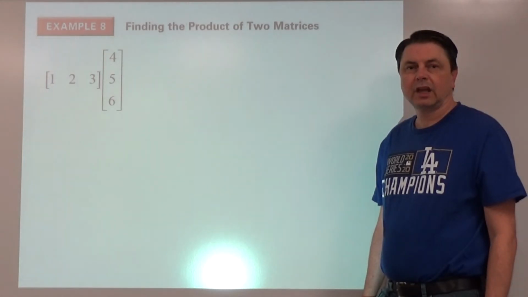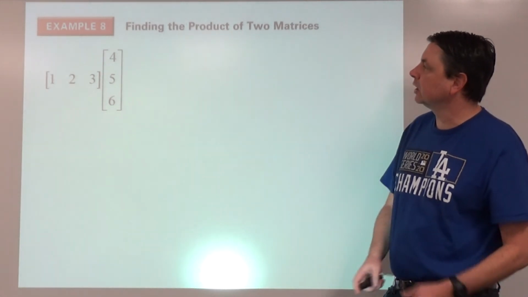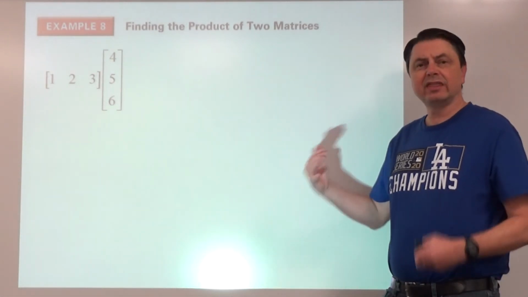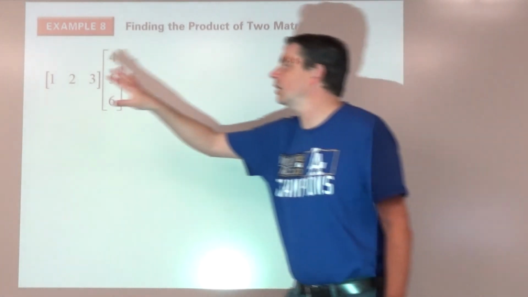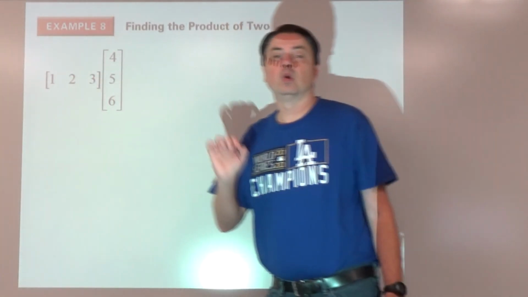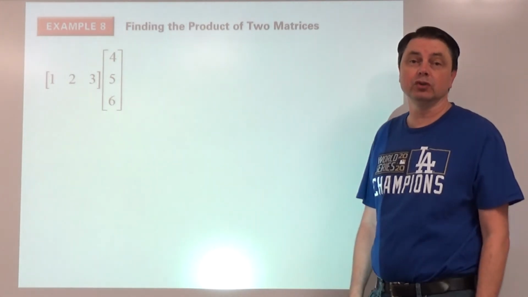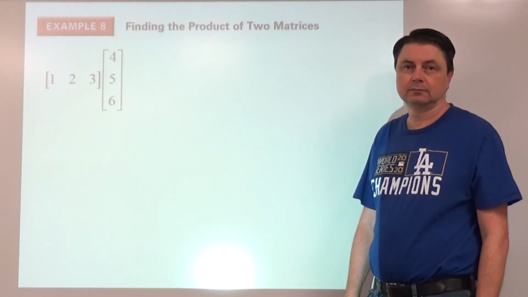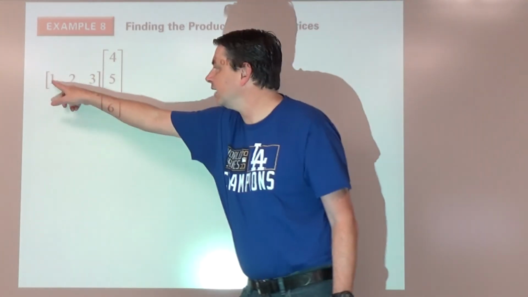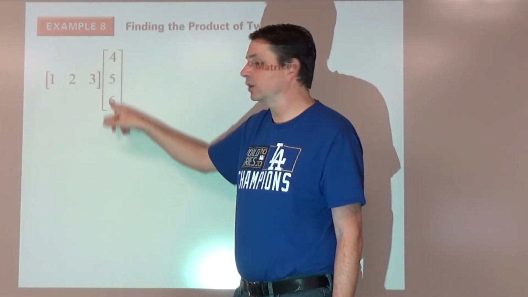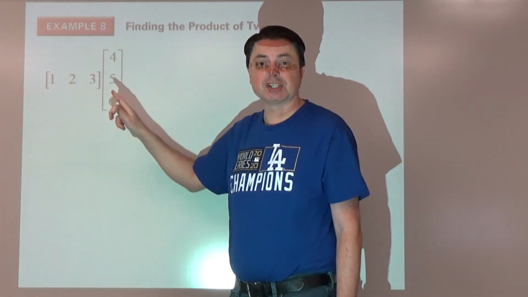Example number 8, find the product of these two matrices. Think about it for a moment based on their dimensions. What's going to be the dimension of the product, or can we even do it? We have a 1 by 3 multiplied by a 3 by 1. 3's match up.